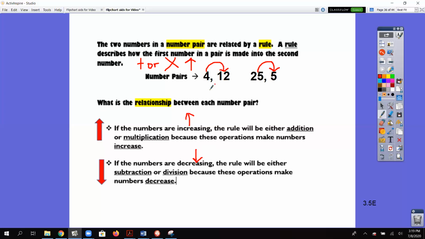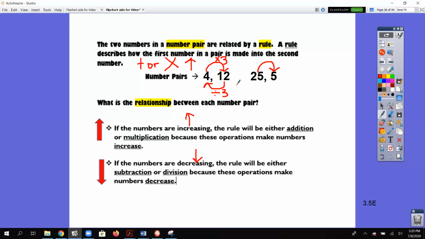It would be 4 times 3. Okay, and then if we wanted to do the opposite, you can go back this way. The opposite of multiplying by 3 is to divide by 3, because 12 divided by 3 would be 4, and 4 times 3 is 12.